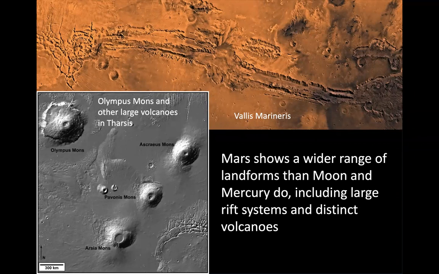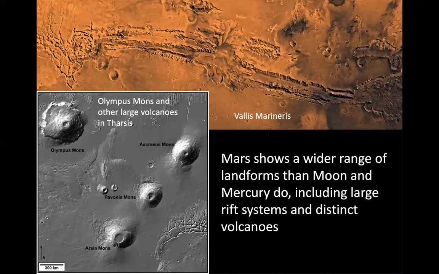So that's one way that Mars is different from Earth. If we start looking at the surface and the expression of geologic activity on Mars, we see other differences that are worth keeping in mind. Mars seems to excel in having very big things, not just big craters.